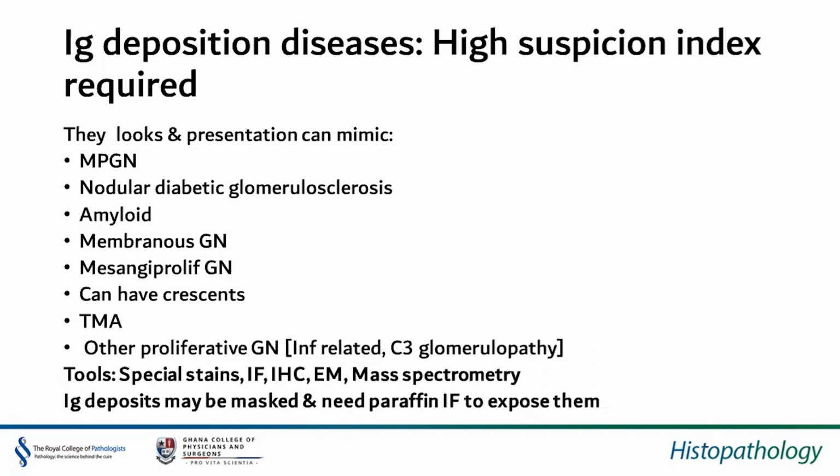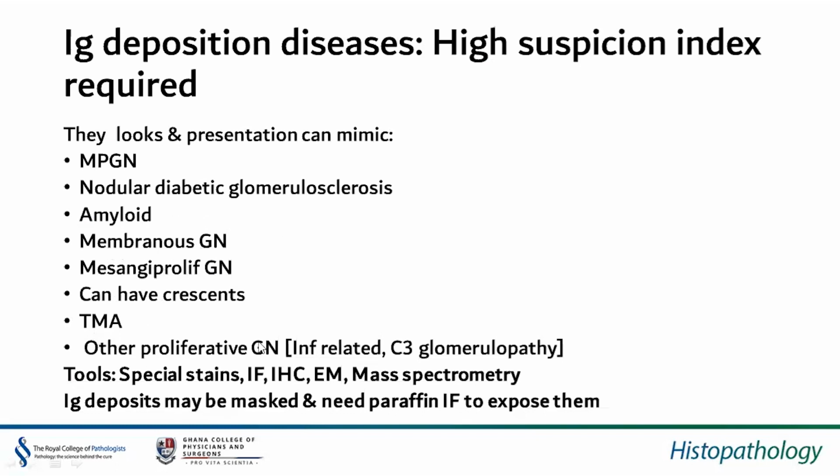And the looks and presentation of these immunoglobulin deposition diseases in the renal biopsy can mimic MPGN. They can mimic a nodular diabetic glomerulosclerosis. They can mimic amyloid, which itself can be associated with plasma cell disorders. Membranous, mesangial-proliferative, they can have crescents, they can look like a thrombotic microangiopathy.